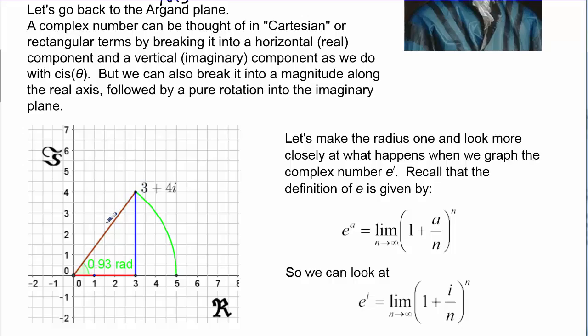And what this introduces is the idea that a complex number can be thought of as a magnitude, the brown here, which would be a magnitude of 5, and an angle. This angle here would be 0.93 radians, more or less.